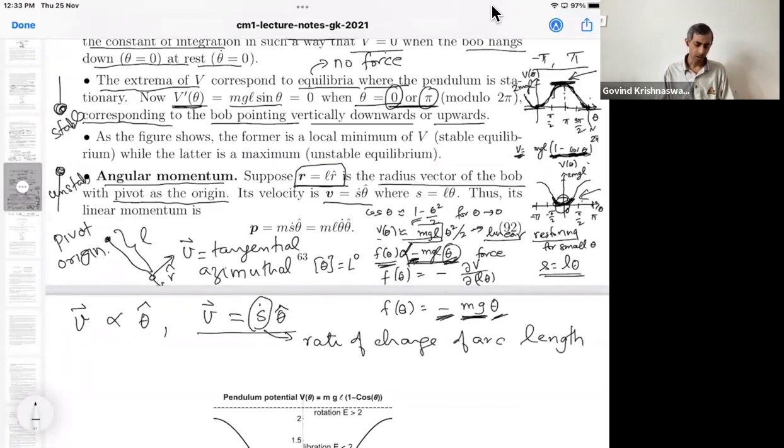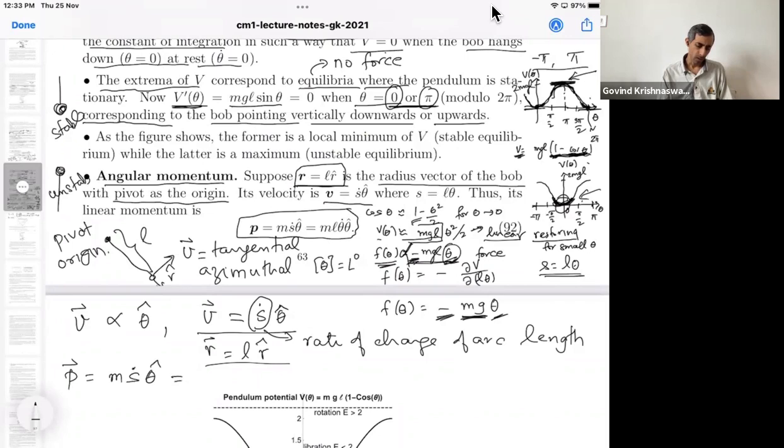So this is our velocity vector, and we already have the radius vector, L r hat. With these two pieces of information, we can compute the momentum of this bob. Actually, for the momentum we don't even need the second piece of information. The momentum is simply mass times velocity, so this would be m s dot theta hat.